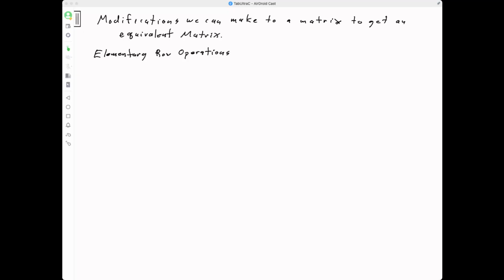The first one, some people call this the replacement. And this is the only one that we used in my example. But the replacement says we can replace one row by itself plus a multiple of another row.